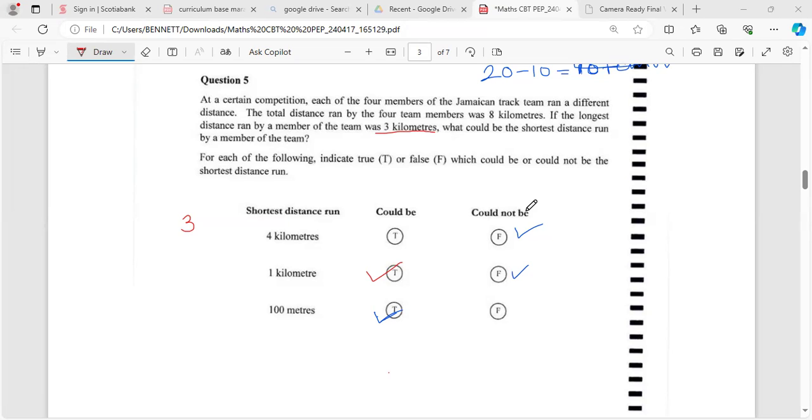Mona, what do you say? I say that it could not be, and for the 4 kilometers, I say it couldn't be. Okay. What about Tori and Tyler? What do you guys think?